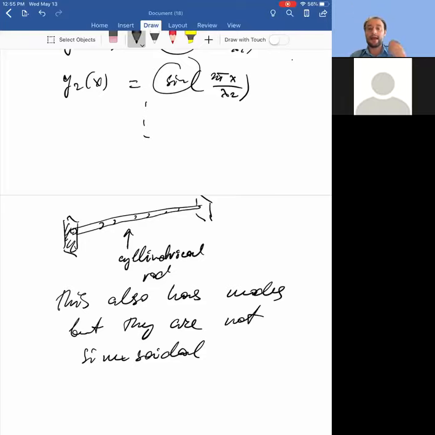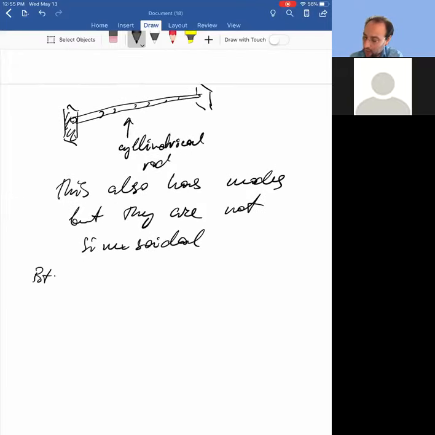And by the way, I keep talking about modes, like what are modes? What defines a mode? What is a mode anyway?